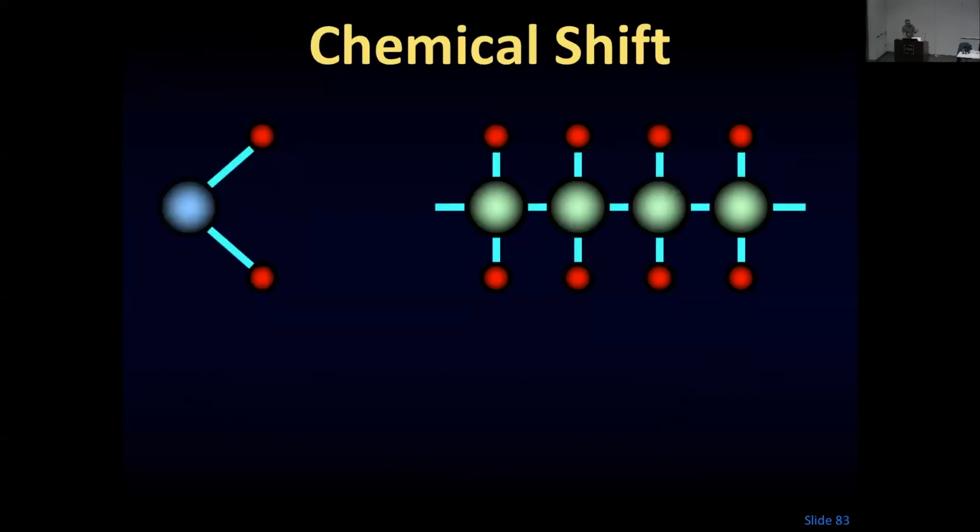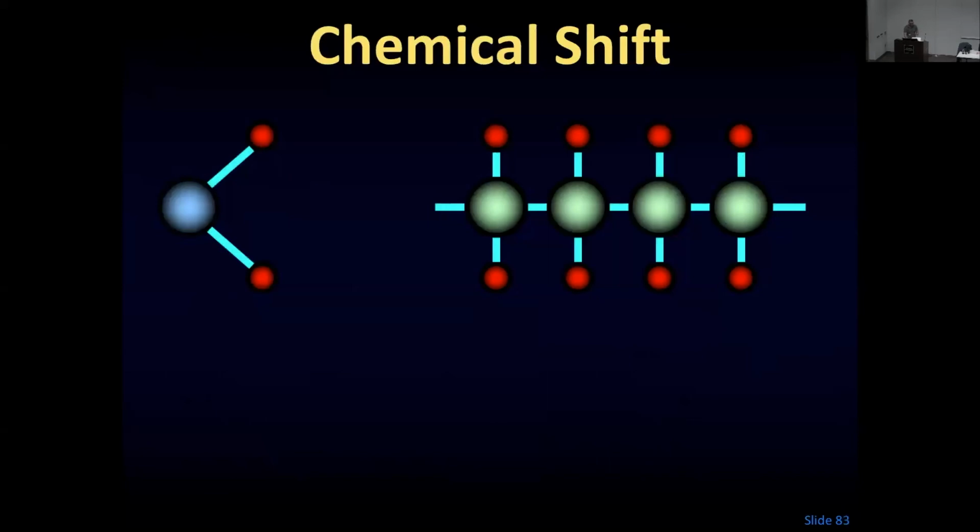Again, in MRI, we're usually looking at water and fat. Water has two hydrogens attached to an oxygen. Fat is more complicated than this, but for today, let's think of fat as a chain of carbons to which are attached hydrogens. This chemical environment is different than this chemical environment.